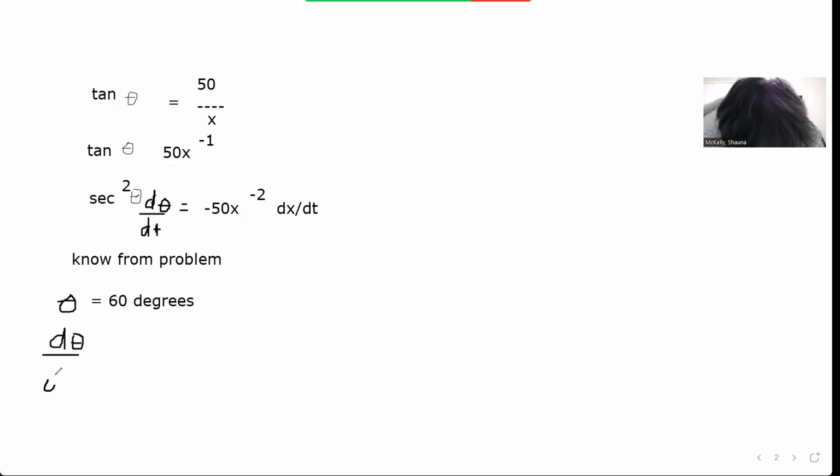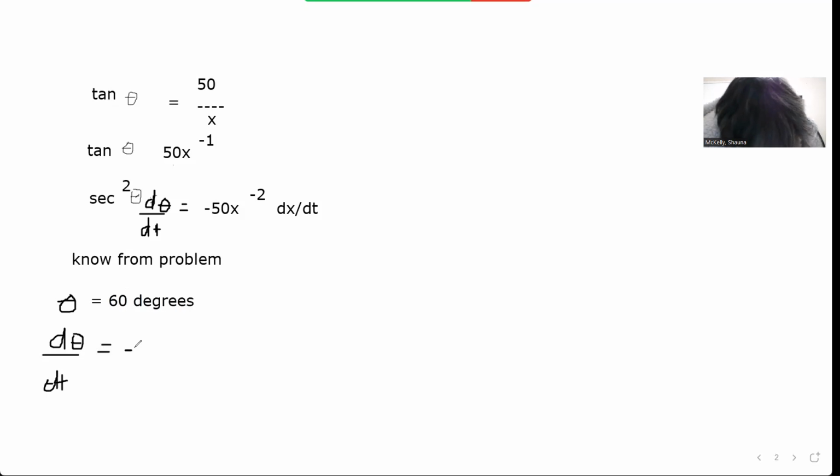So now I have d theta dt, and I'm looking for this rate of change.